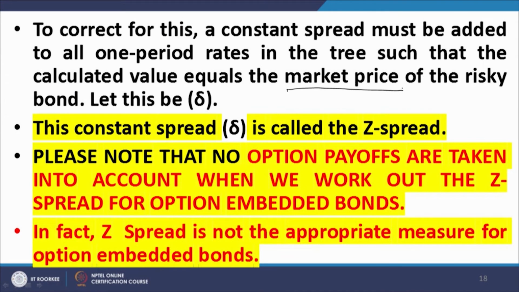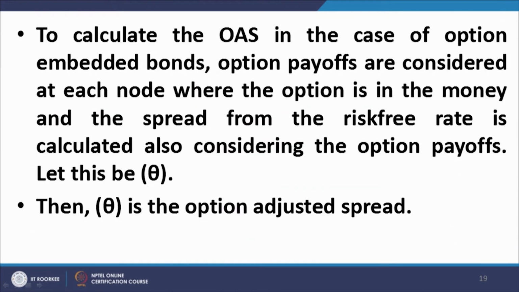We work out on the premise that the cash flows emanating from the bond are those that arise out of the bond being a straight bond. In fact, Z spread is not the appropriate measure for option embedded bonds. I have emphasized that also.